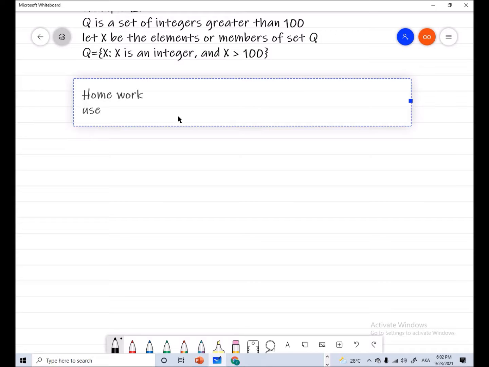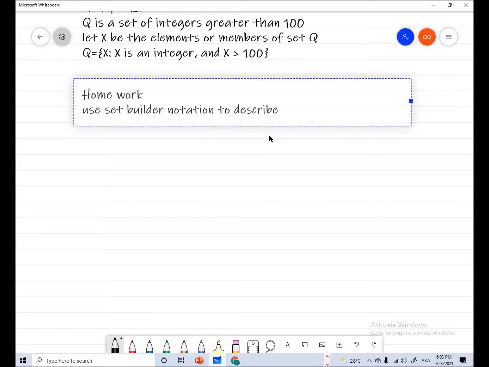Use set builder notation to describe the following.